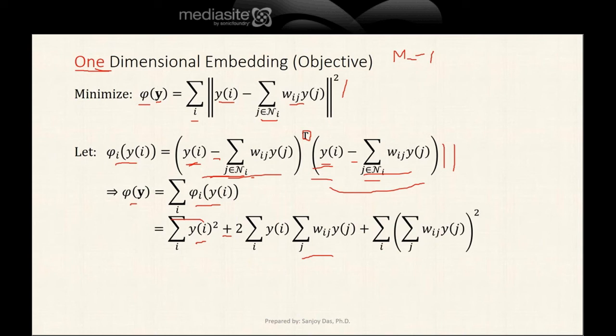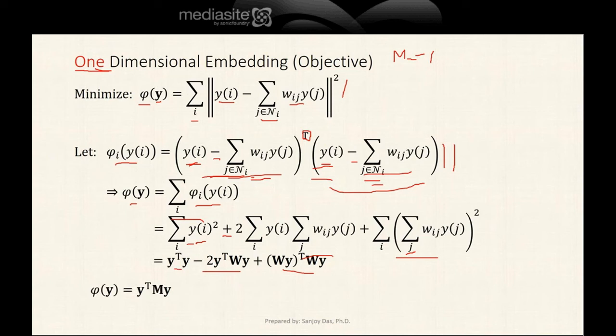And this double summation is the product of this summation and this summation. This can be vectorized as follows. The first term is y transpose y. The next term is negative 2 y transpose W y. And the third term, the double summation, is y transpose W transpose W y.